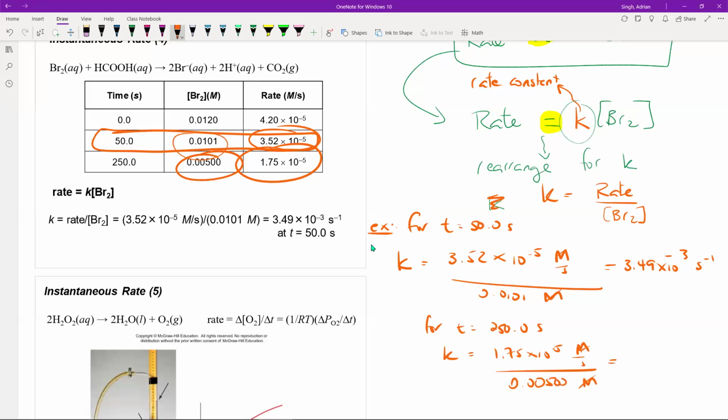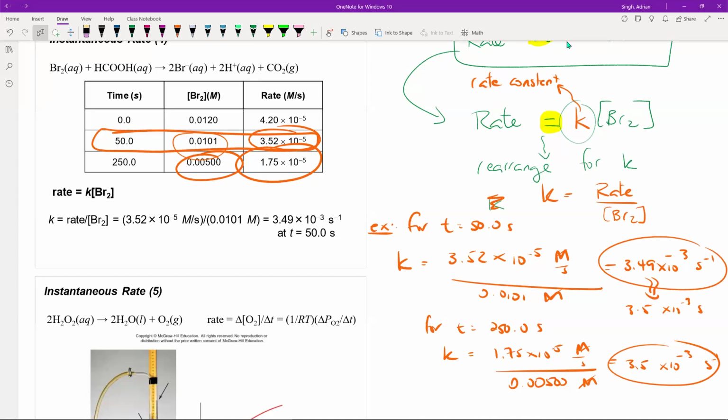Molar cancels. Our unit there is also going to be second to the minus 1. Stick that in the calculator and we get 3.5 times 10 to the negative 3. So what we see here is, within rounding errors, if you round it to one decimal place, we get the same value.